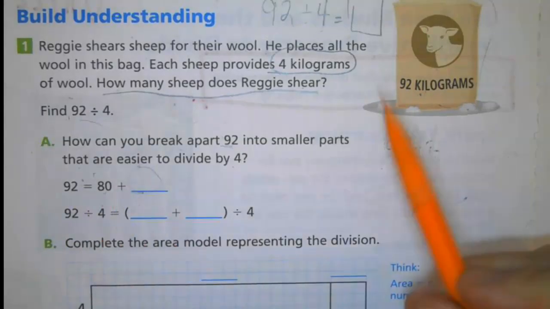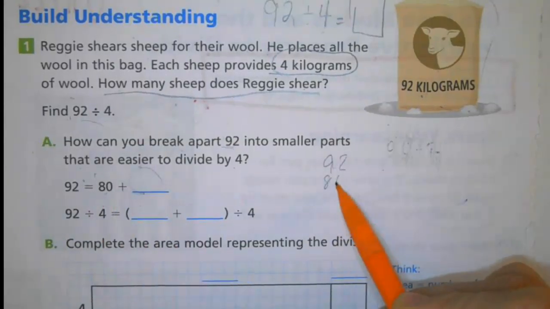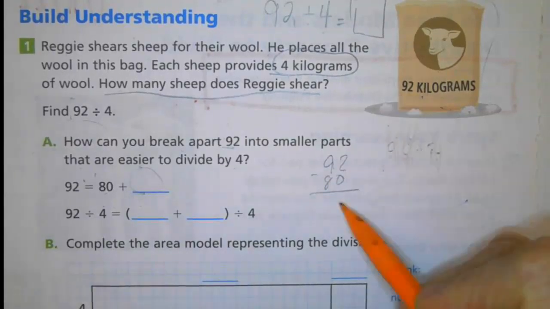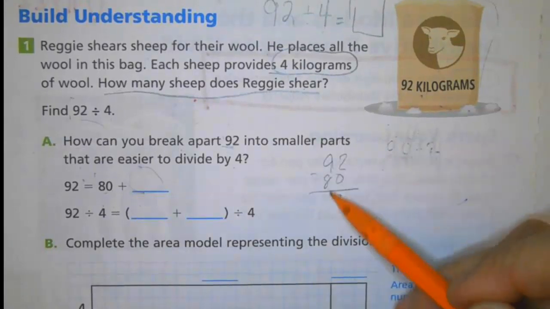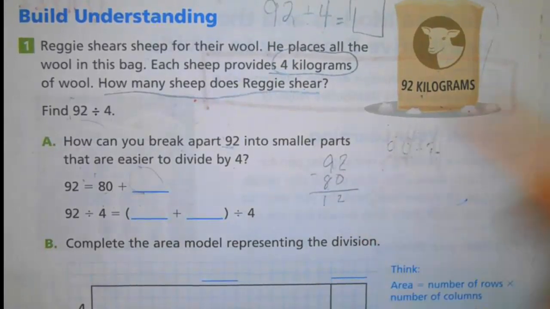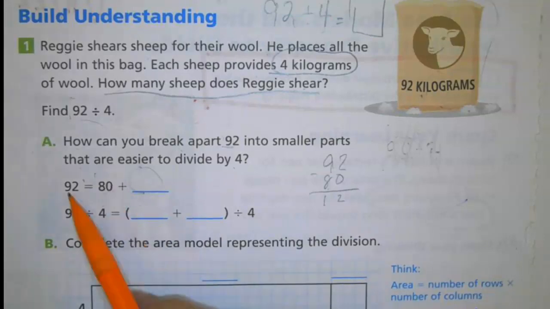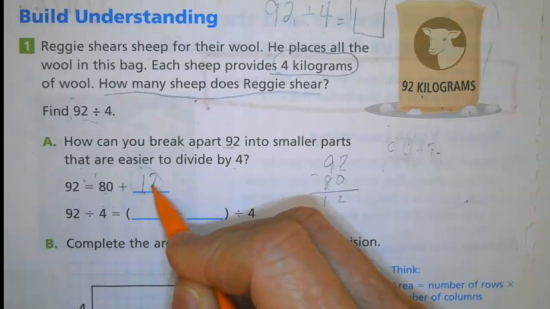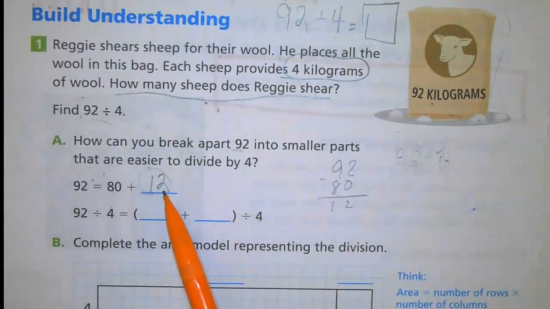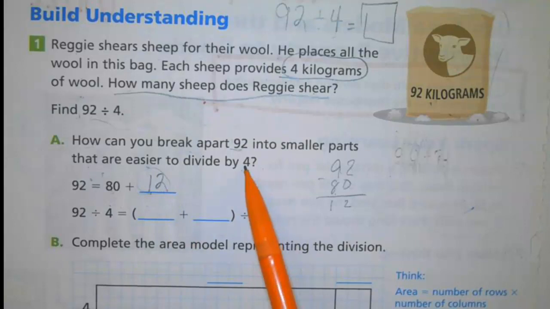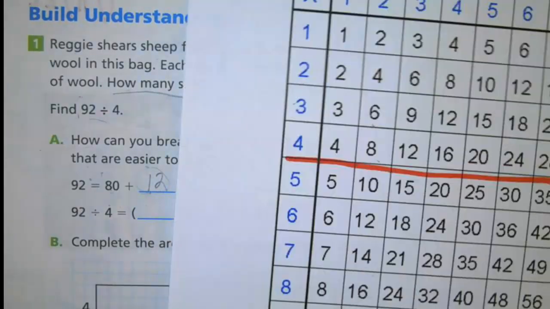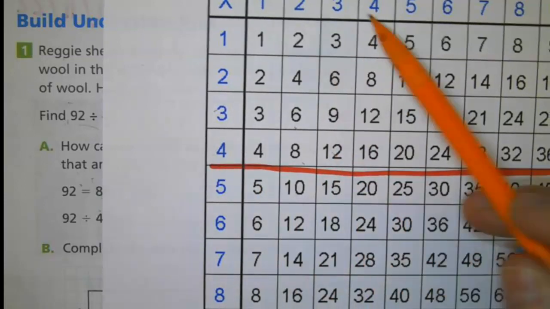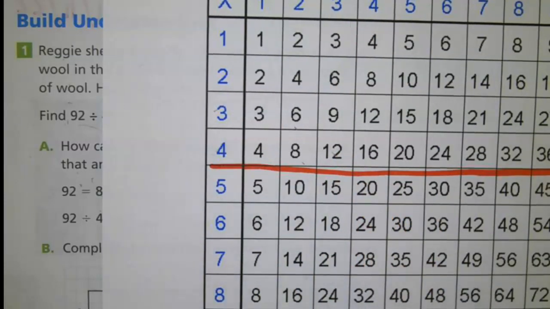If I say 92 subtract 80, go ahead and subtract that. 2 minus 0 is 2, 9 minus 8 is 1. So I know that 92 is equal to 80 plus 12. Is 12 also an easy number to divide by 4? Well, it is. Okay, and why do I say that? Because I know that 12 is a multiple of 4, because 4 times 3 is 12.